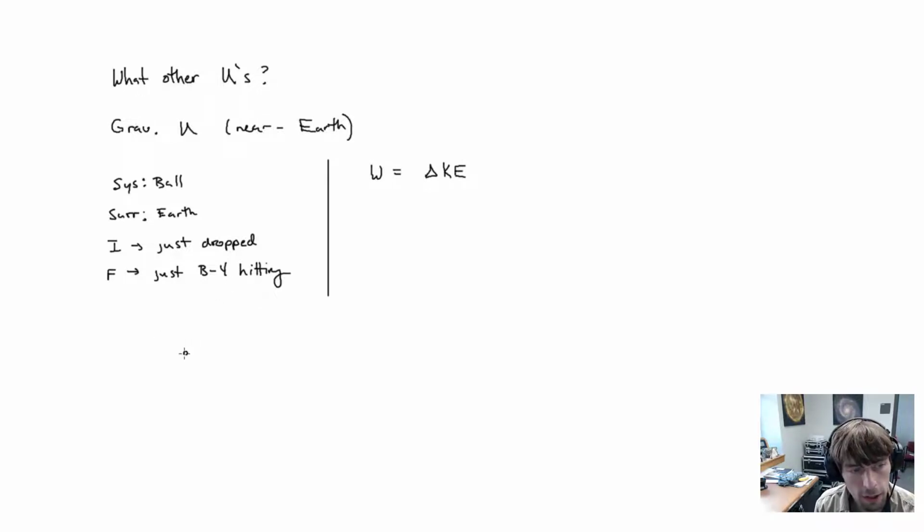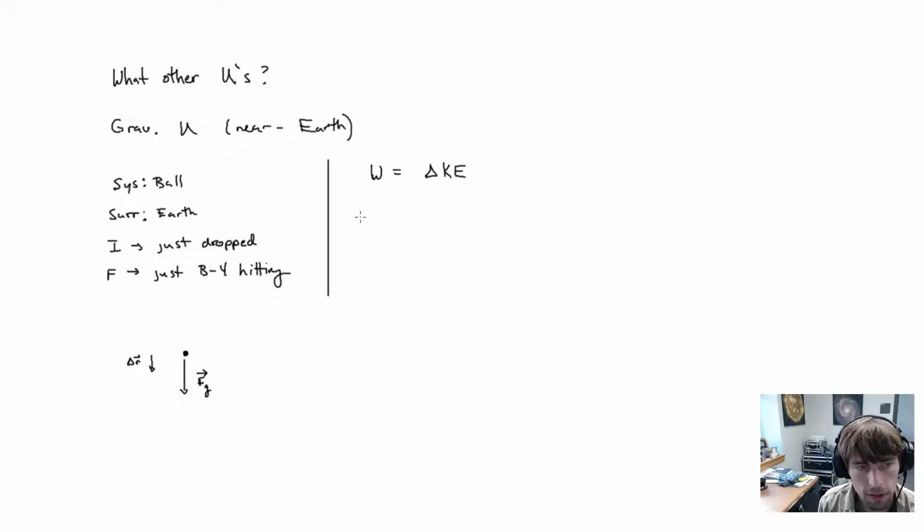Well, free body diagram of the ball. Here's the ball. Here's the only force acting on it, Fg. And the displacement of the ball is also in that direction, delta r. So we'll go ahead and plug in the definition for the work here.